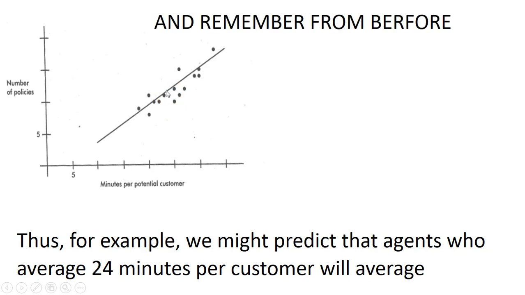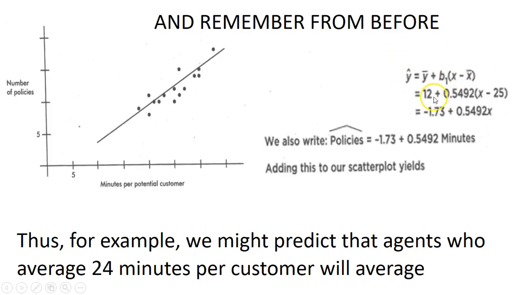And remember from before, we already have this, so that's our predicted line, and it's good for about 78%. So 78% of the number of policies can basically be explained by the minutes per potential customer.